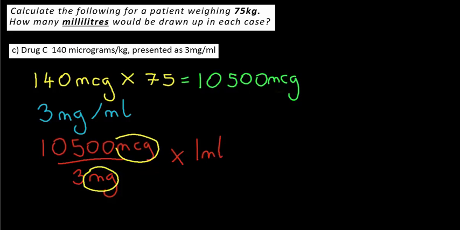So I can now rewrite this as 10.5 milligrams over 3 milligrams times 1 milliliter. My units are the same now, top and bottom, because I've arranged that to be so.